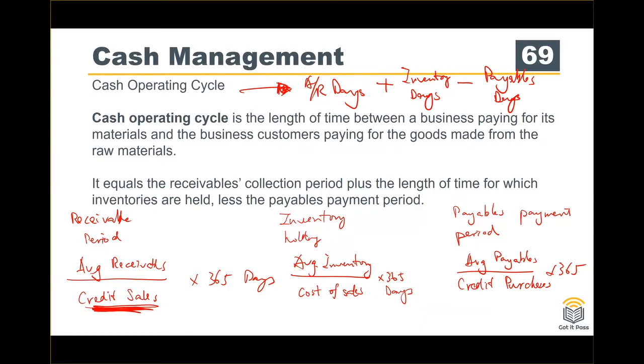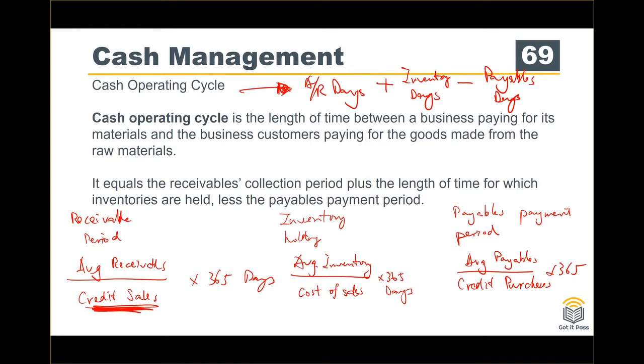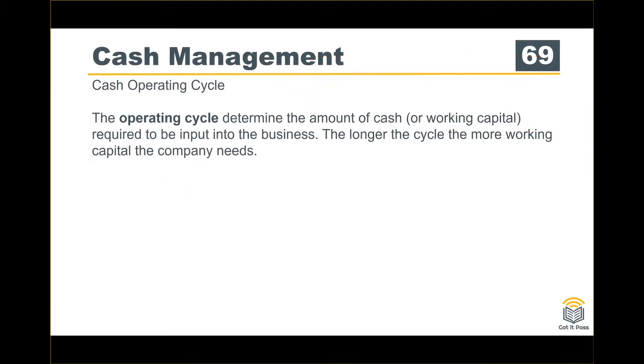And the operating cycle determines the amount of cash required to be input into the business. The longer the cycle, the more working capital the company needs. It means that when the days are longer, the company needs more working capital or more cash to finance its working capital.